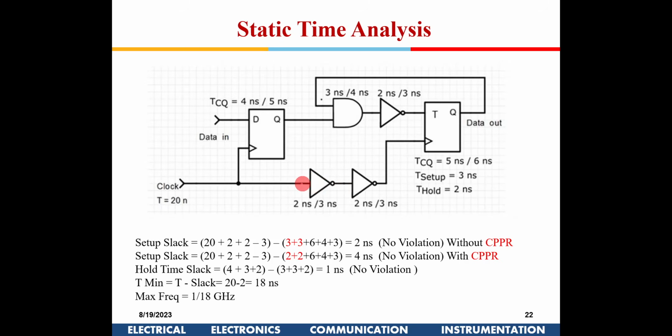So for data, 3 plus 3, then this will get triggered. It is 6, plus 4 plus 3. Is it okay? So this data is reaching with respect to t equal to 0.